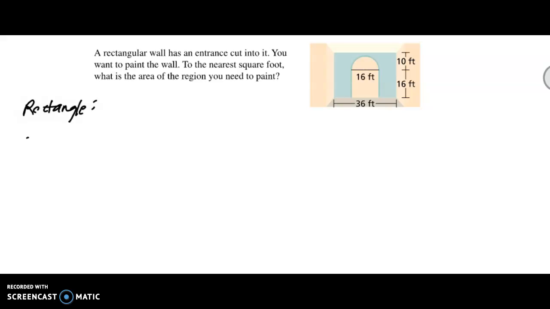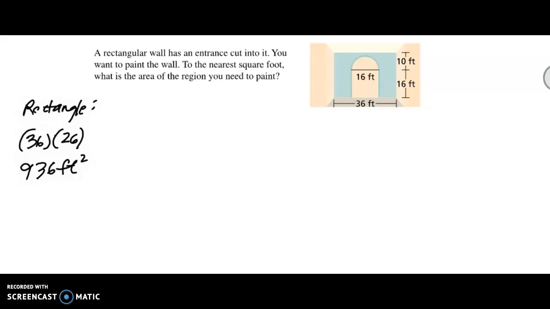The length is 36, while the width is 26. You have to add these two parts together. There we go. So the area of the rectangle will be 936. So this is 936 feet squared.